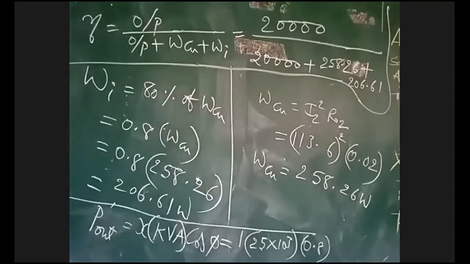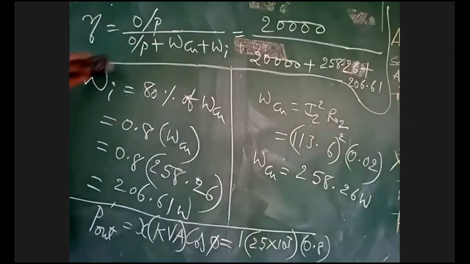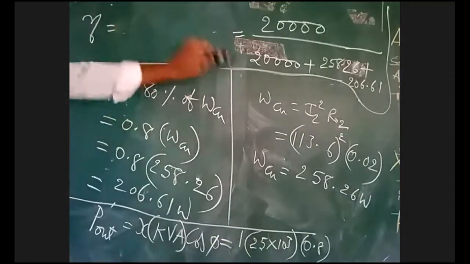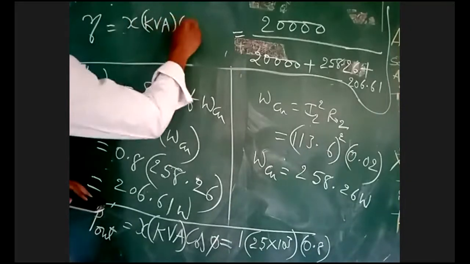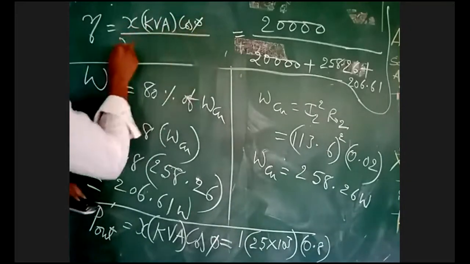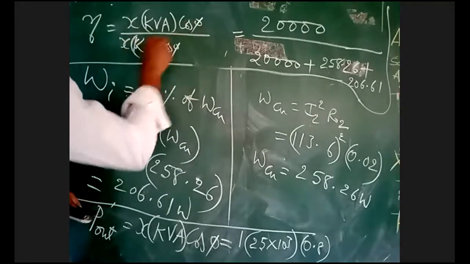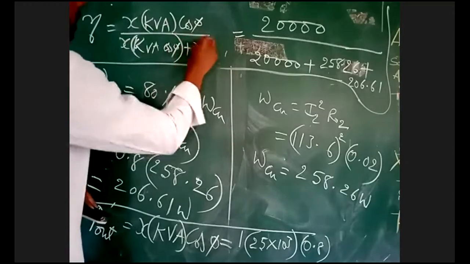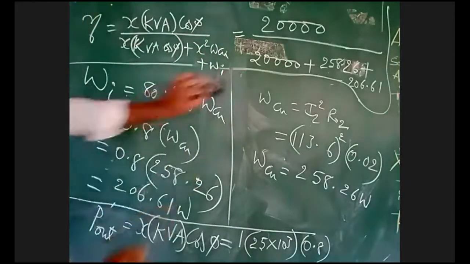Otherwise, you can take this formula also: x kVA cos phi divided by x kVA cos phi plus x square WCU plus WI.